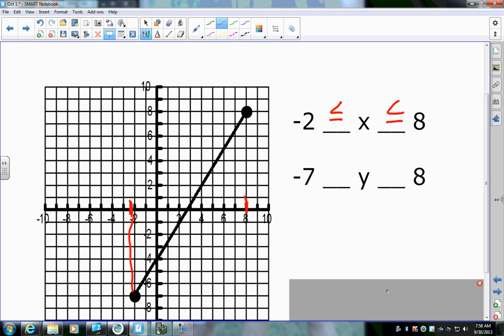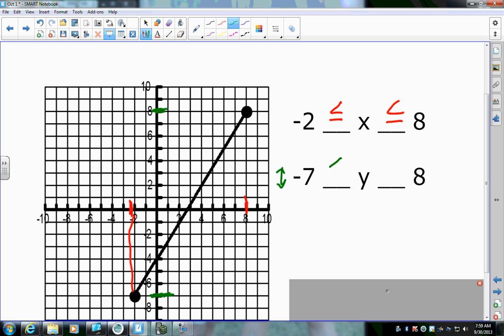Now my range, my Y, goes up and down. The lowest that it is down here, that's where my -7 comes from. The highest point up here is 8. That's where this is coming from. This is all the numbers in between negative 7 and 8. It's all the numbers that are bigger than negative 7 and all the numbers that are less than 8.